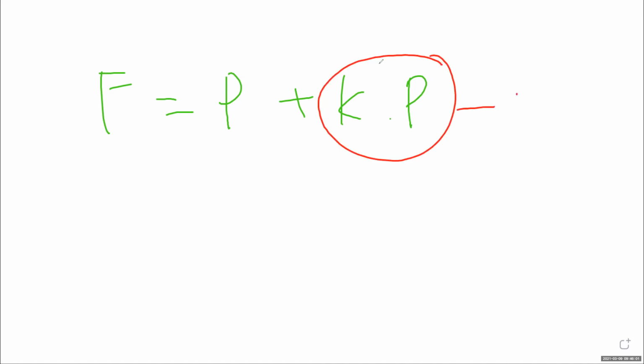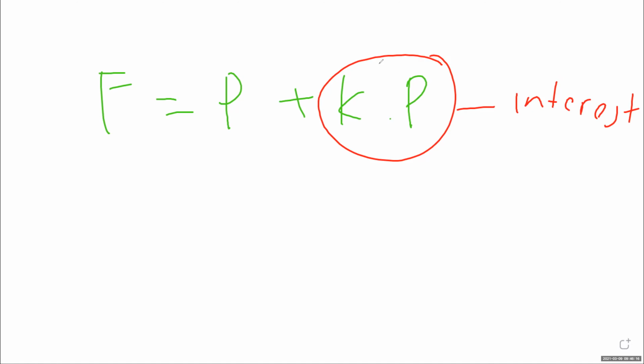So the formula of interest is F equal to P plus K times P. Correct or not? So this one is the interest. Meaning if you have your principal plus the interest, that is the future value in 1 year.